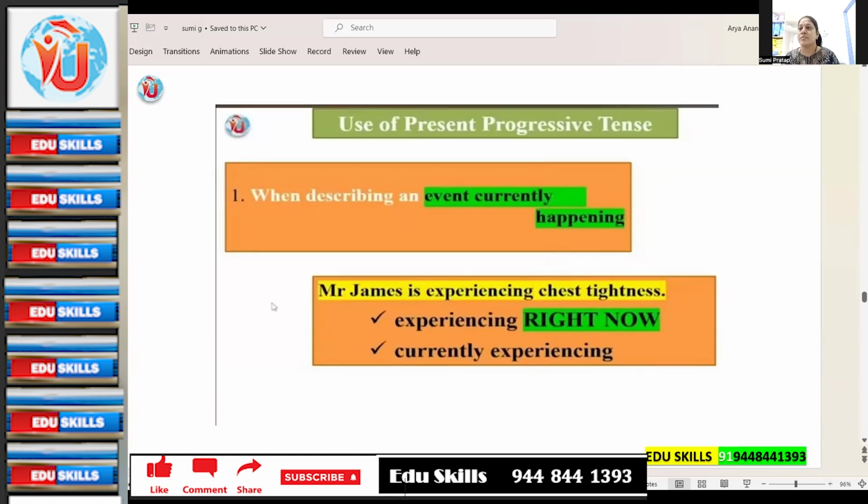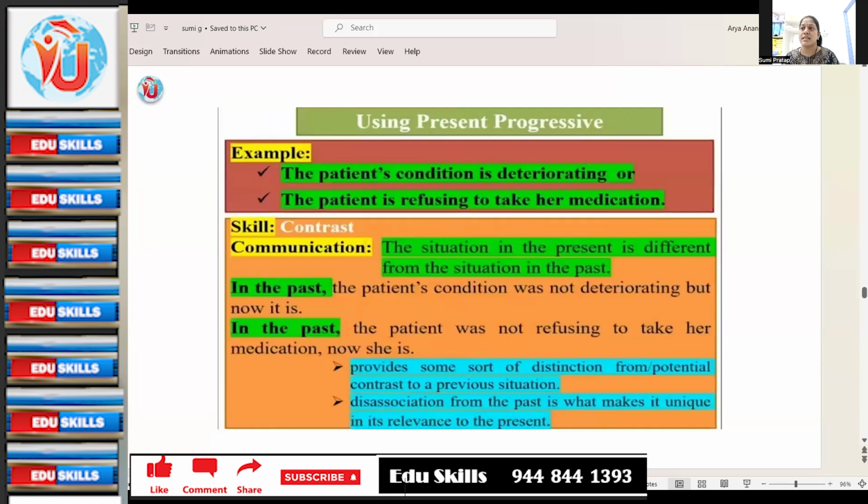Now for the present continuous, some examples are given here. We can see that her condition is deteriorating. She is refusing to take her medication. Mr. John is responding well to the new treatment regimen. Okay, maybe before he was not responding to the treatment.